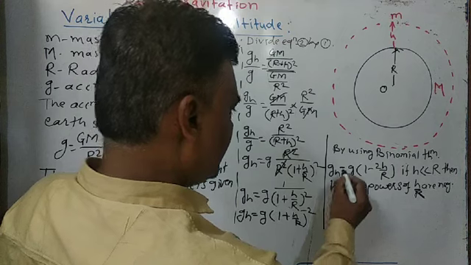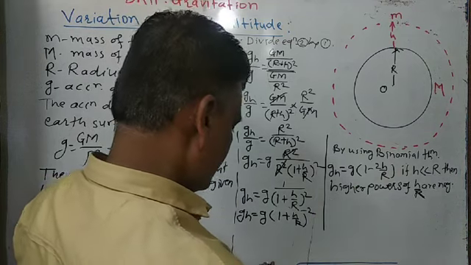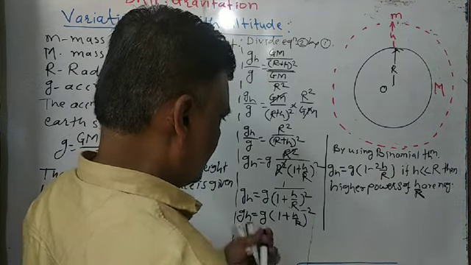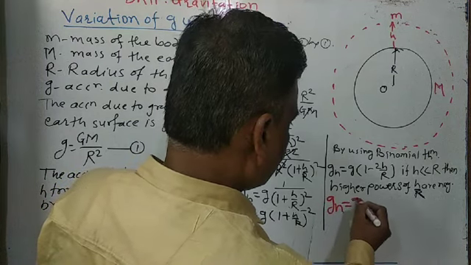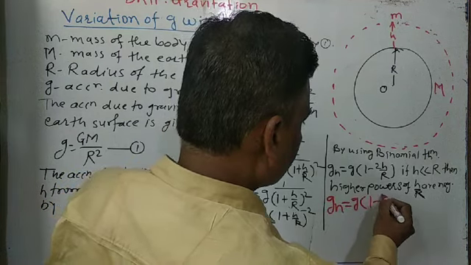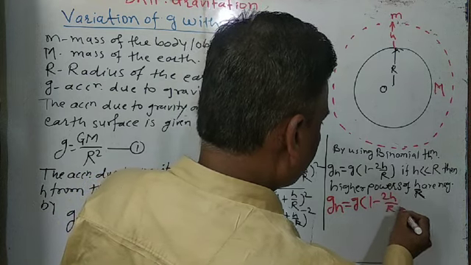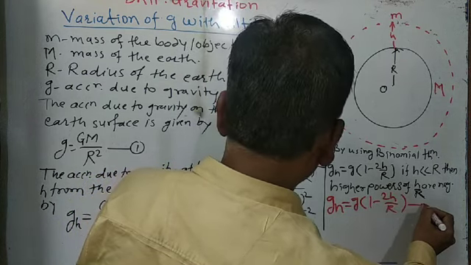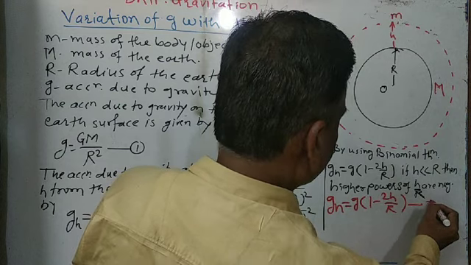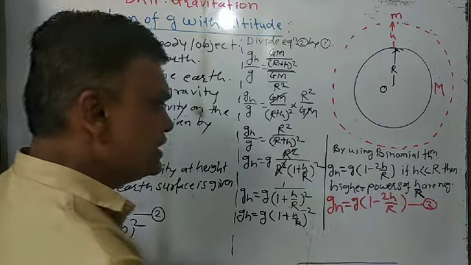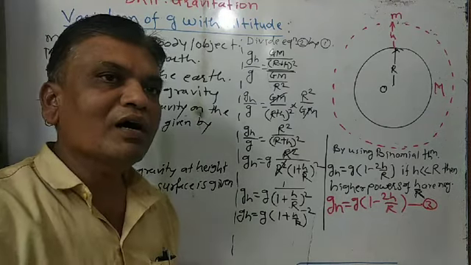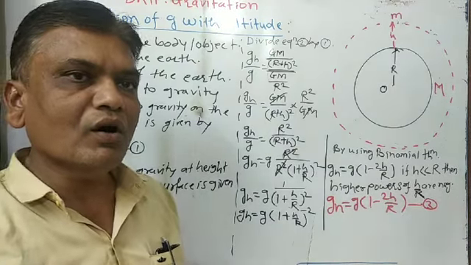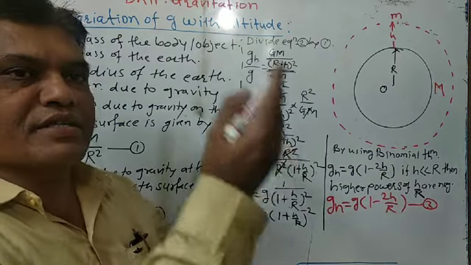Therefore, this equation becomes g_h equals g (1 minus 2h by R). This is equation number 3.